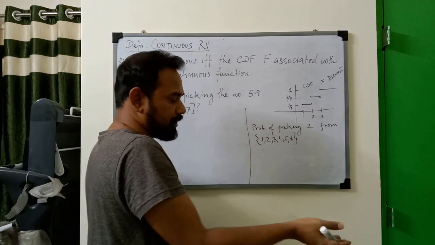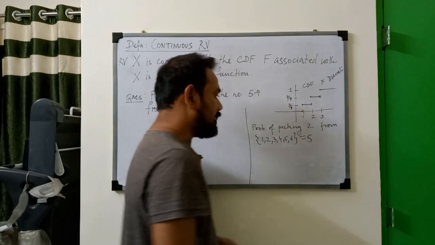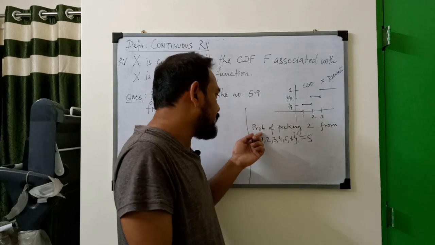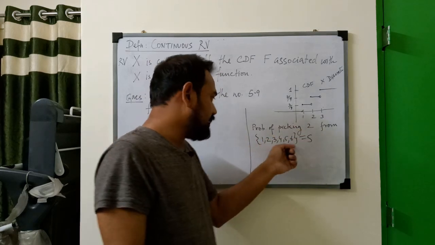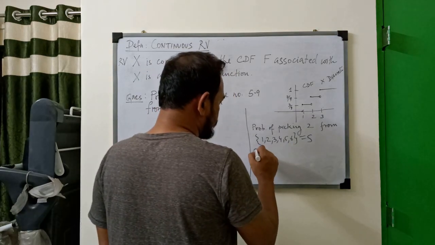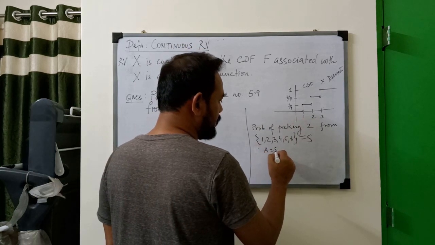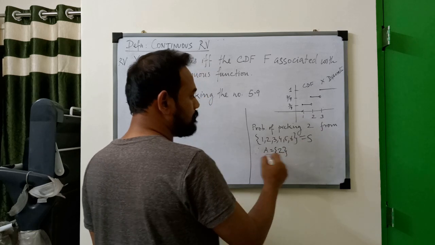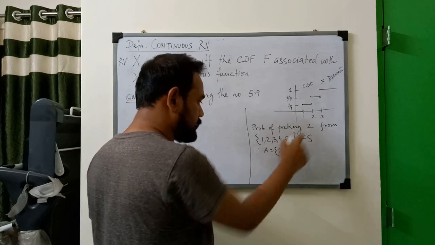If you roll a die, you have 6 possible outcomes. So this is the sample space. And if I ask what's the probability that you will get a 2, it's the same as asking what's the probability of picking 2 from 6 equally likely outcomes. The event corresponding to this is a subset of the sample space. This is the event I'm looking for, whose probability I'm asking for, because I'm asking for the probability of 2.